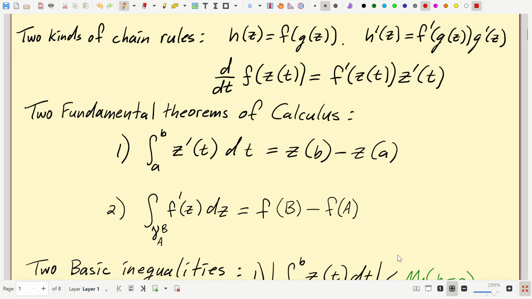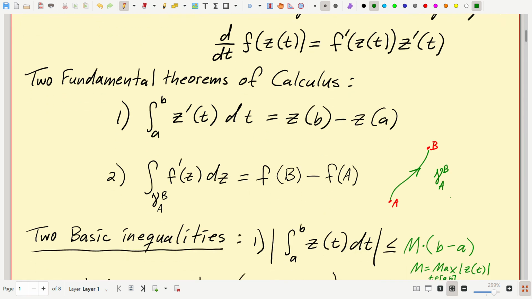So I guess I should draw a picture here. This curve would start at A and go to B. And I'm denoting that gamma, starting at A going to B.